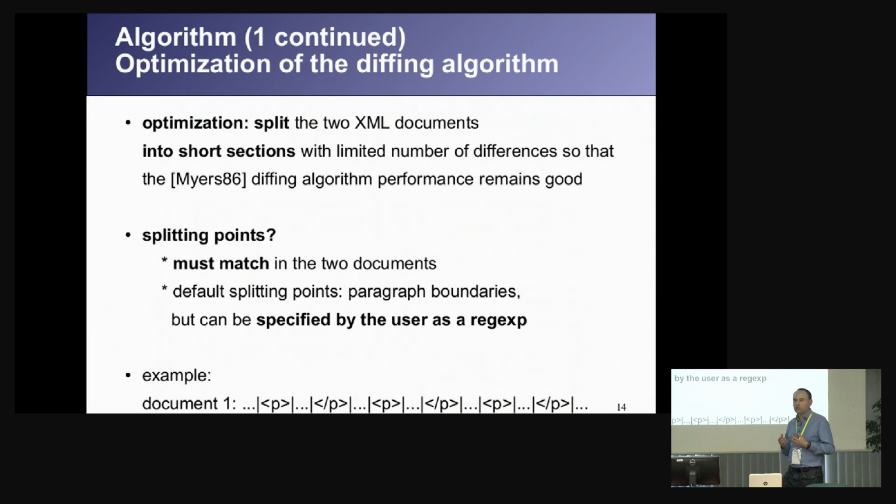They must match in the two documents, otherwise the diffing would be incorrect. We choose as the default splitting points paragraph boundaries, which are often present in text-oriented XML documents. But the user can easily specify a regular expression to define other splitting points if it is needed for their documents.